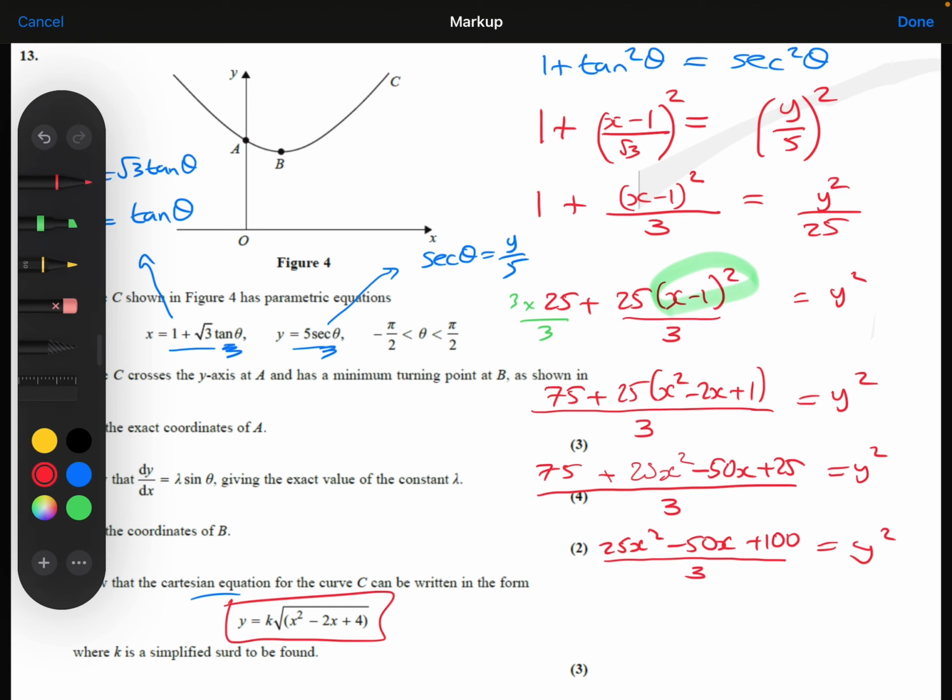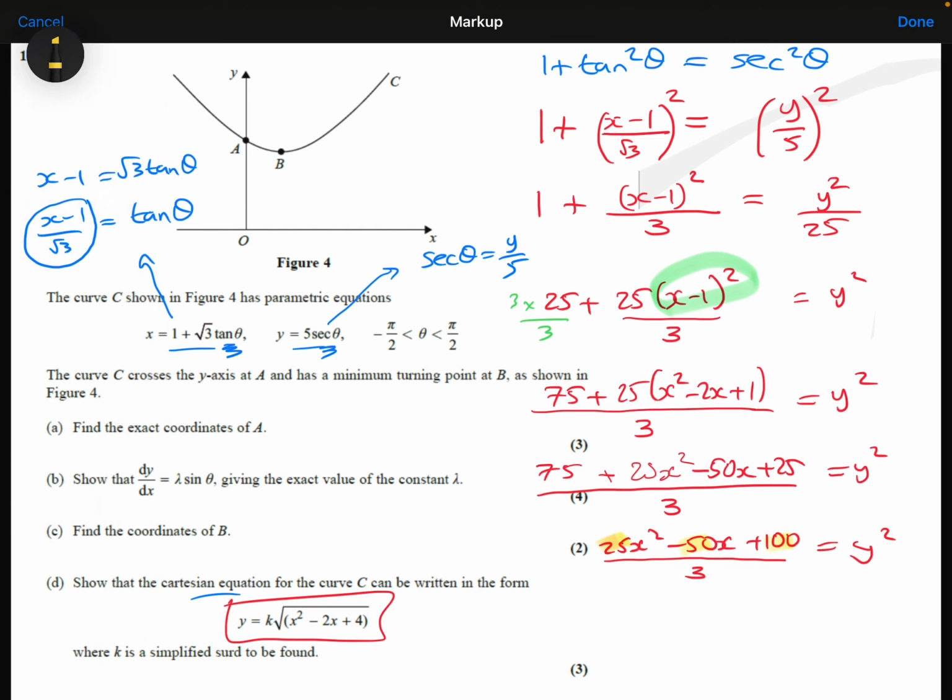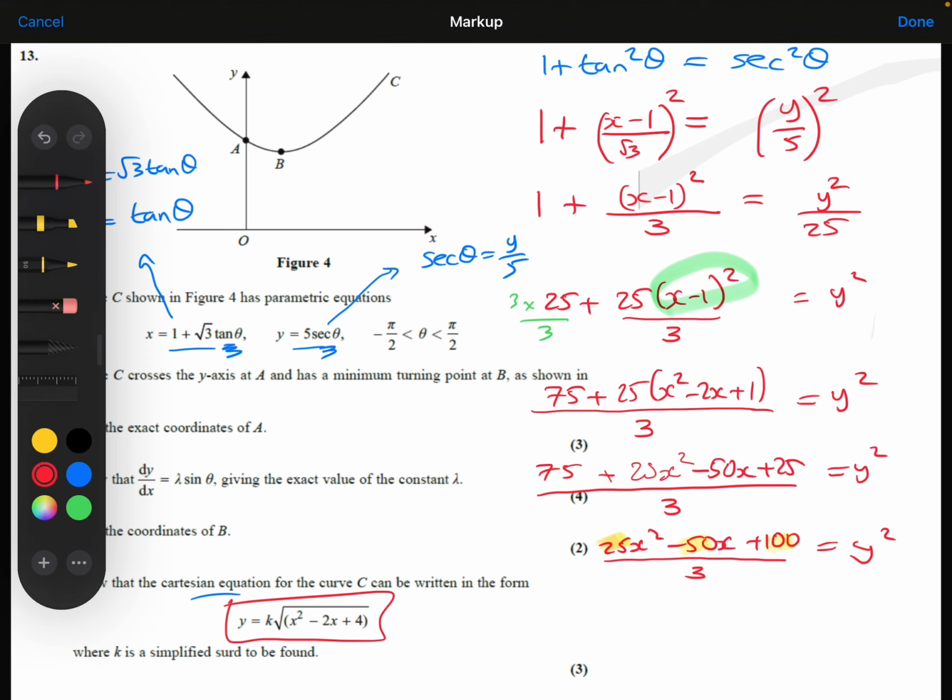Now I notice that 25 goes into each of these. I can factorise 25 outside. And I can see that I'm nearly here now. You can see I've got the x squared minus 2x plus 4, which I have here.